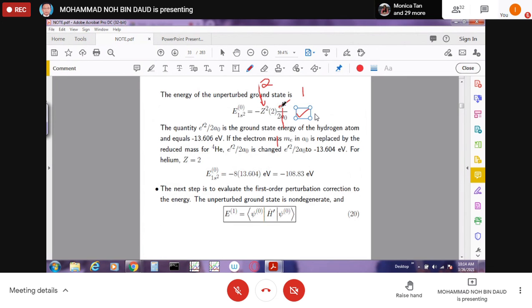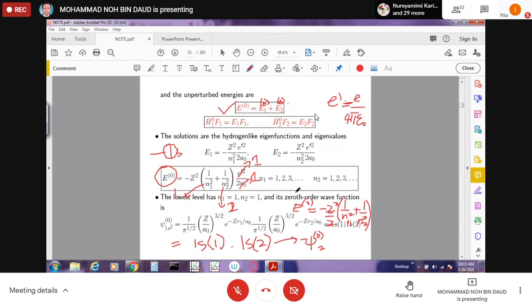When we consider this value and this Bohr radius, we can write this energy in electron volts. So this is our problem. The main problem here is because of this E1. We know this zero order. The zero order is what? This one. The zero order wave functions.